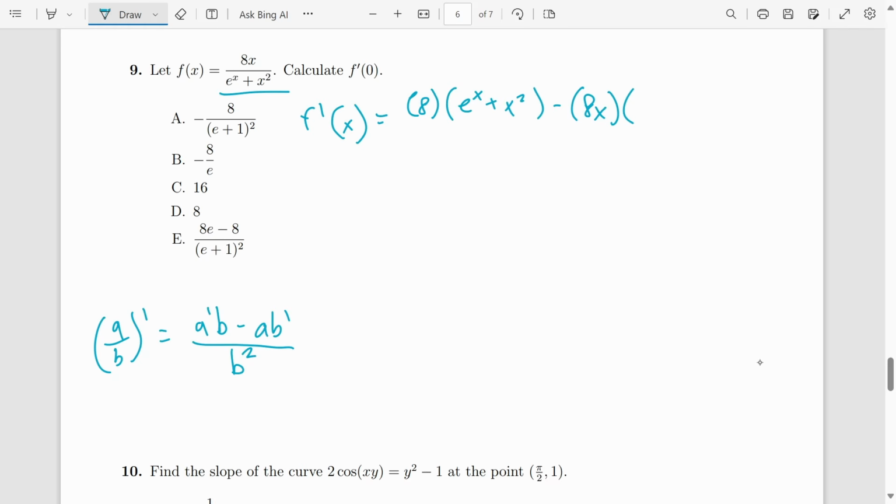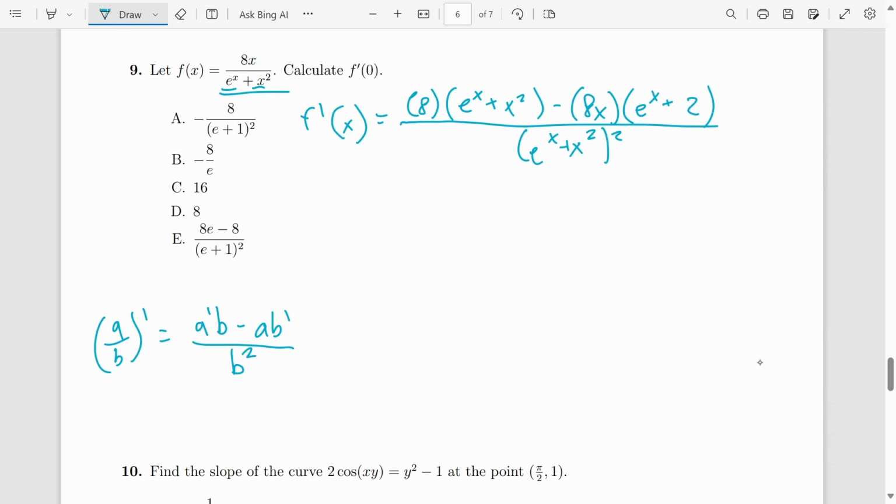This is going to be the derivative of e to the x, which is still just e to the x, plus the derivative of x squared, which is 2x. So that's our numerator, and then on the bottom we just have b squared. We have e to the x plus x squared, all squared. So there's our first derivative.